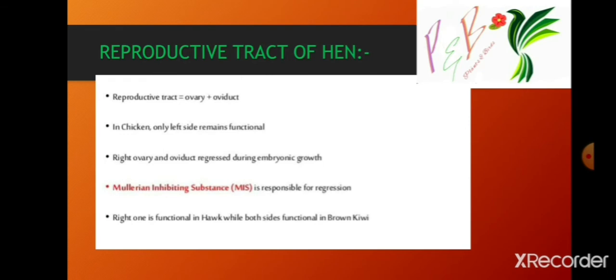Mullerian inhibiting substance is responsible for the regression. The right one is functional in hawks, and both sides are functional in the brown kiwi. This is an exceptional case of Mullerian inhibiting substance.